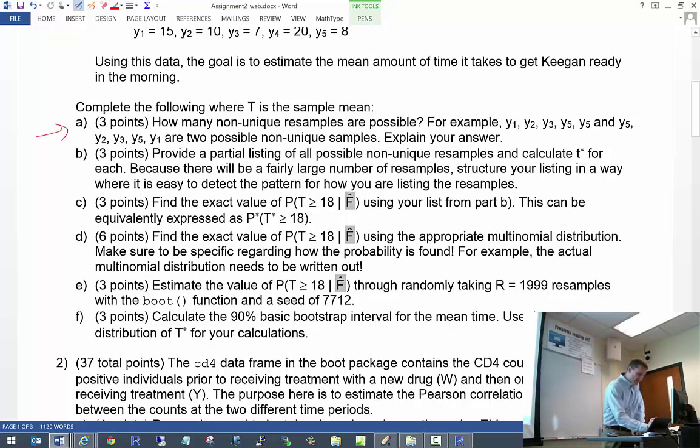So first of all, part A, how many non-unique resamples are possible? What I mean by that is that this is one possible resample that one could have. Here's another possible resample, but notice the observations are exactly the same. They're just ordered in a different way. So what I'm asking you here is, how many non-unique resamples are there?